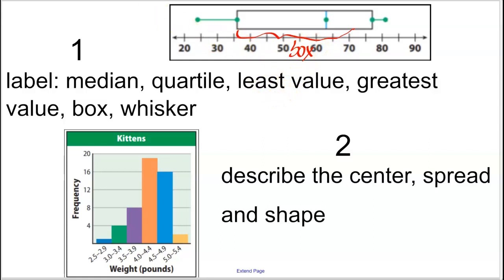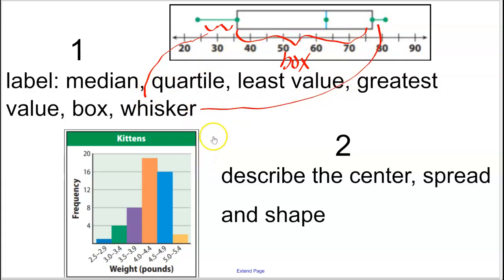From here to here, if they ask you something about the box, that's the box. Put that in your notes. Now, if they ask you something about the whiskers, this is a whisker, and that's a whisker also.